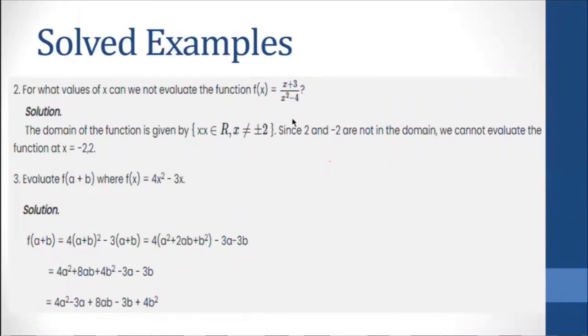Ibig sabihin, sa ating denominator, any real number except positive and negative 2. Kasi hindi pwede siya sa positive and negative 2 dahil magiging 0 yung denominator. Since 2 and negative 2 are not in the domain, we cannot evaluate the function at x equals negative 2 or positive 2. Okay? That's it.